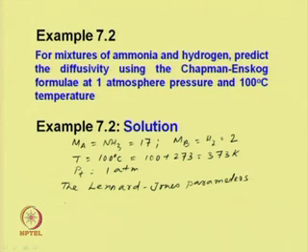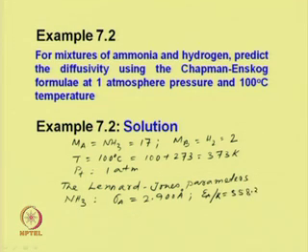We can calculate for ammonia from the literature. From the textbook, we can get sigma A as 2.900 angstrom, so that epsilon A by K is 558.3.